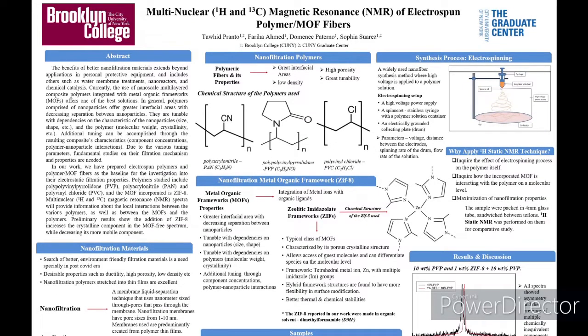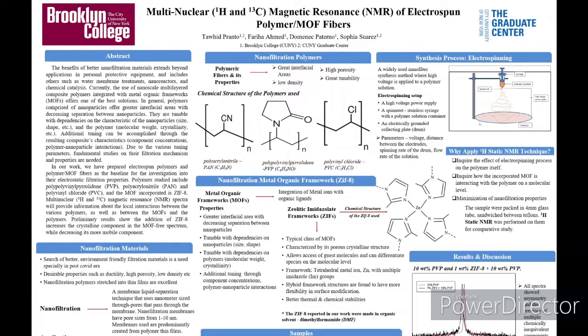One of the ways you can synthesize these polymers is through electrospinning. Electrospinning is a widely used nanofiber synthesis method where high voltage is applied to a polymer solution. The typical components of electrospinning are just three parts.